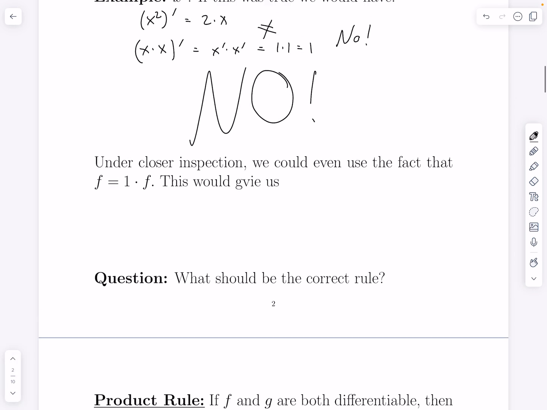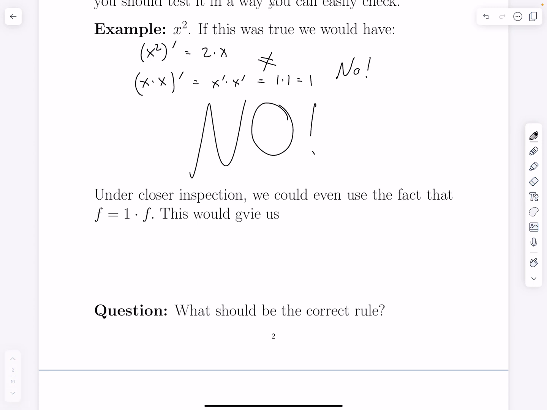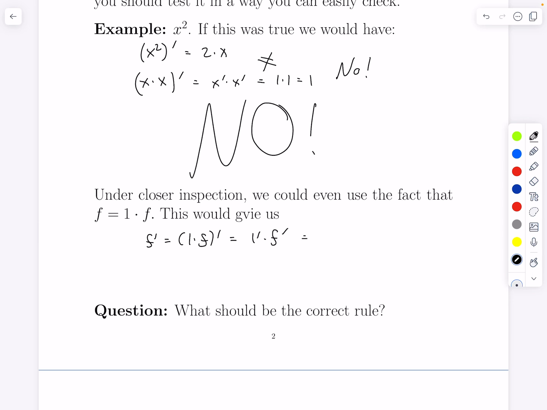And it gets even worse. So f is 1 times f, so what would that give us? So f prime for any function would then be 1 times f prime, which is 1 prime times f prime, which is 0 times f prime.